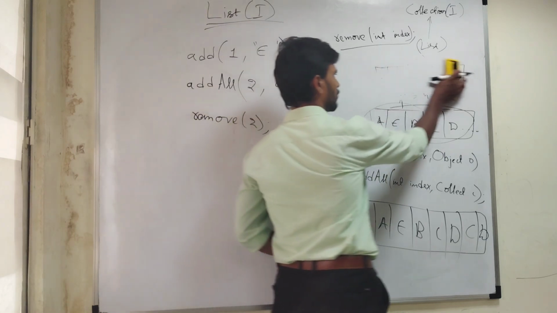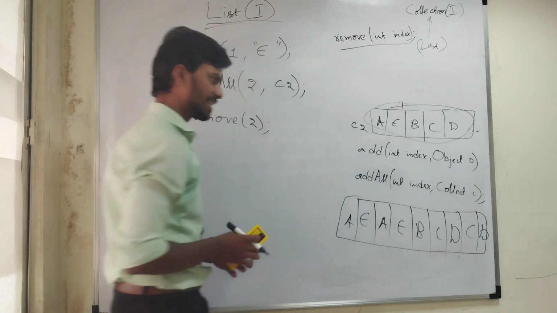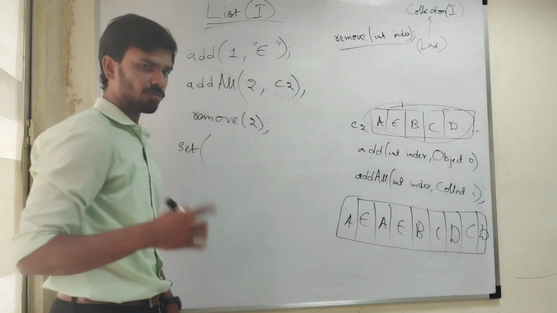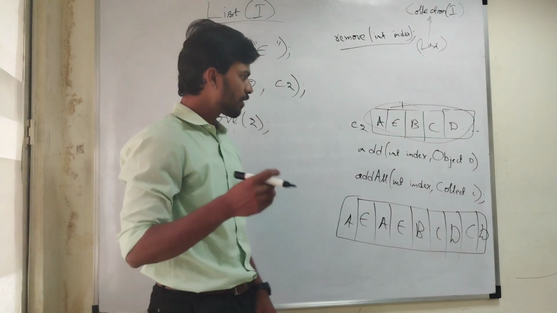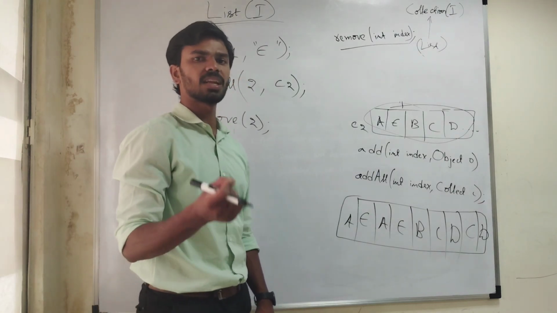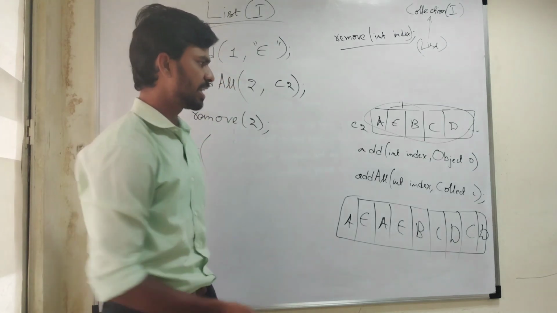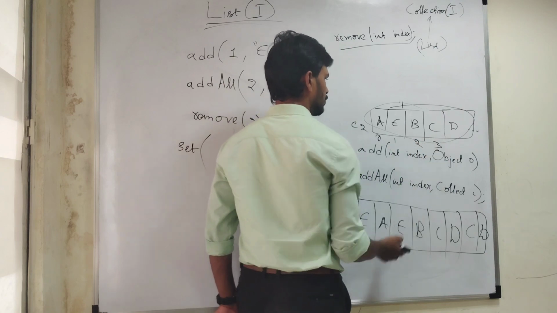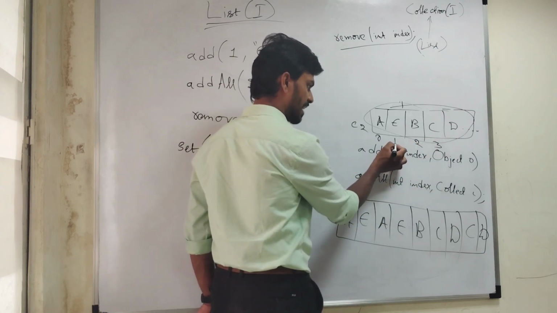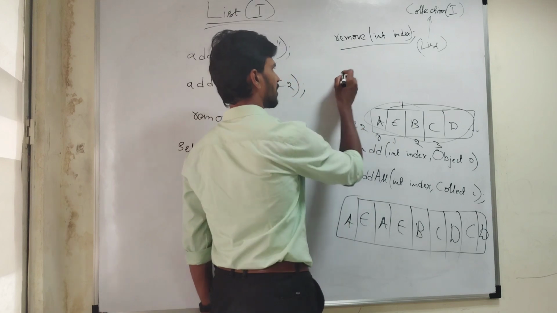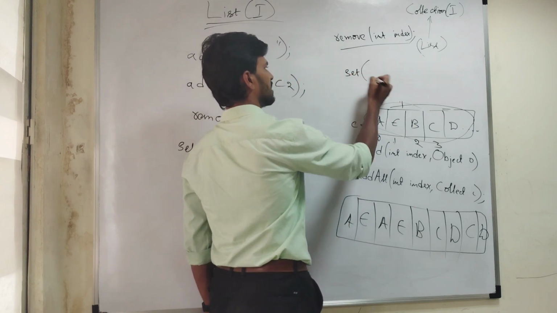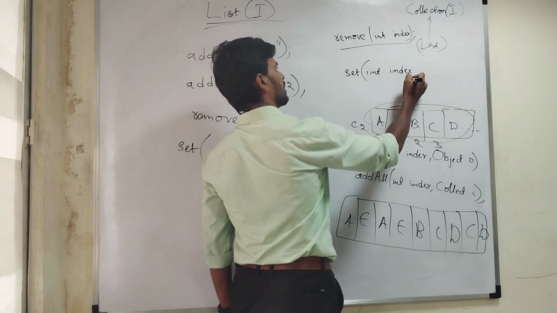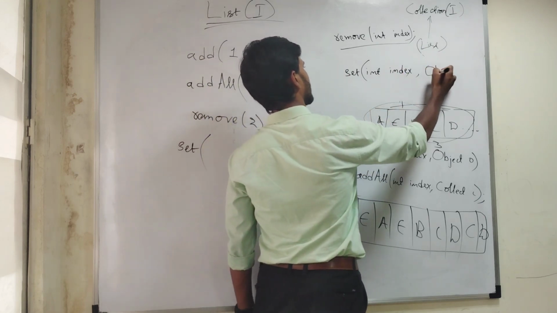Right. Next we have the most important method, that is the set method. If I want to update the data at a particular position, like at a particular index number, here I want to update the data at index number 1. For that we have one method, that is the set method: int index position, and there I have to pass the object.